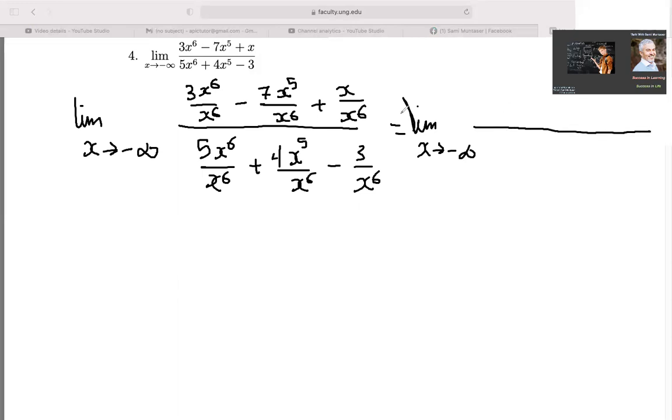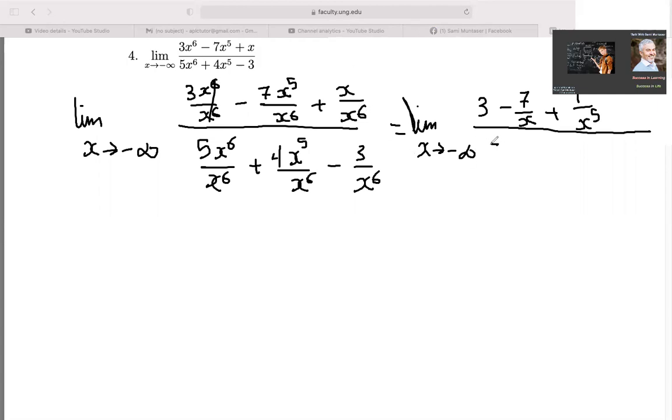of the x to the 6's here will cancel, so we end up with 3. Here the x to the 5 goes and x to the 6 becomes x to the 1, just reducing, so 7 over x. And plus 1 over x to the 5 as we reduce this x goes to 1 and this x to the 6 goes to x to the 5.